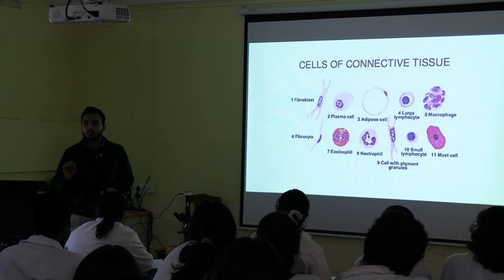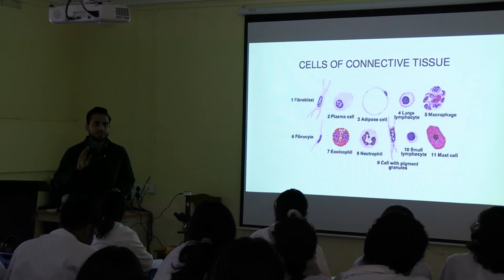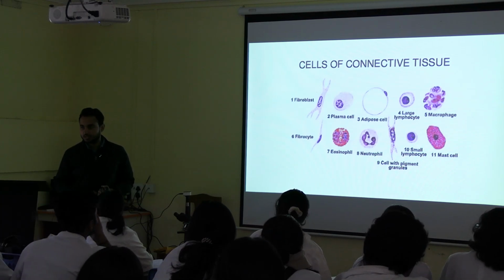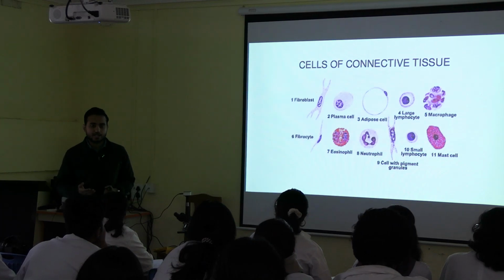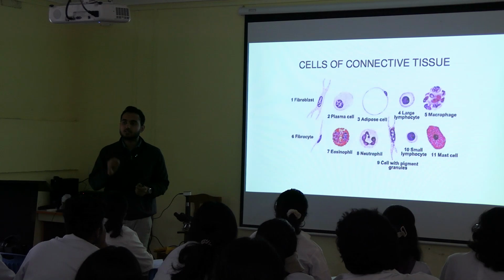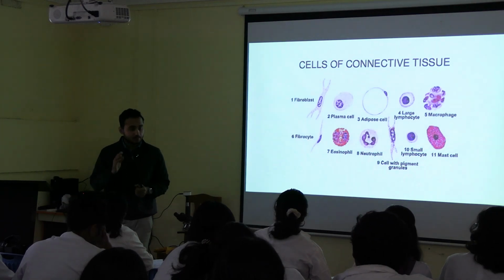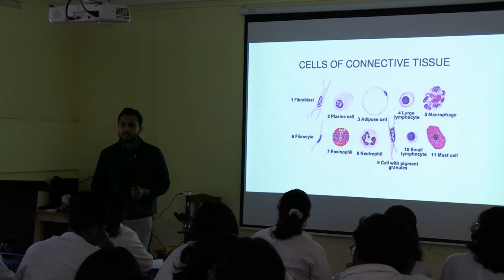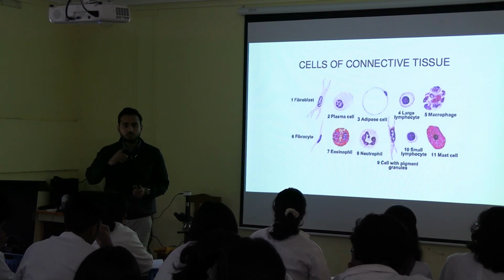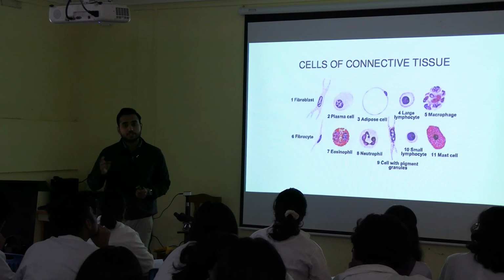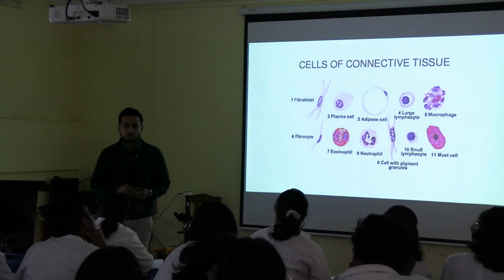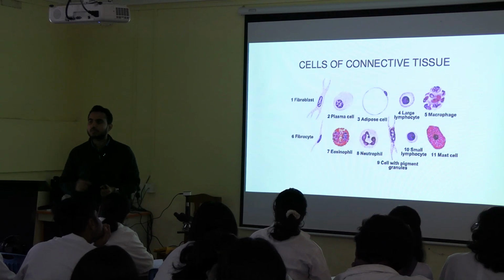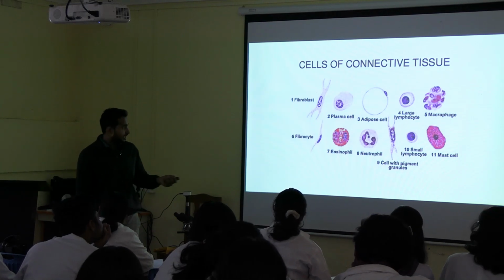In general, mostly slides are made with H&E stain because it is easy to identify. But it doesn't mean that all the cells and tissues will take that stain. There are some tissues which don't take it; if you put H&E stain, you can't see anything. Different staining methods are used in order to stain a particular tissue or cell. Okay, the best example is this one.